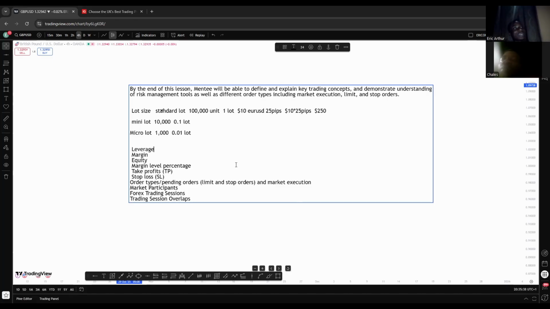So basically, maybe your friend will watch it. You can find lot size in your distance when you are placing a trade. You get it? Let's say in MT5 you can find it.